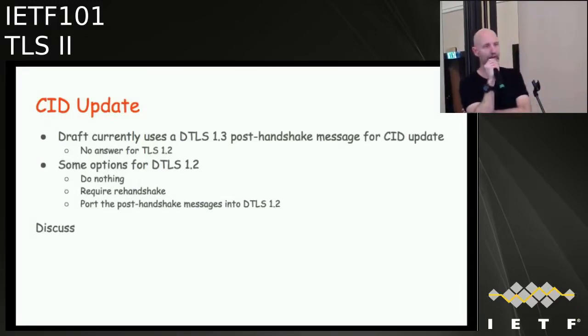The reason you do the connection ID update is primarily to break linkability, and if you have to do an entire handshake at the point that you need to break linkability, you're kind of boned. So I think we can say that you can change the connection ID using this technique, because we're not going to stop someone from renegotiating, but you should also point out that it's really not going to help them if they want to break linkability.